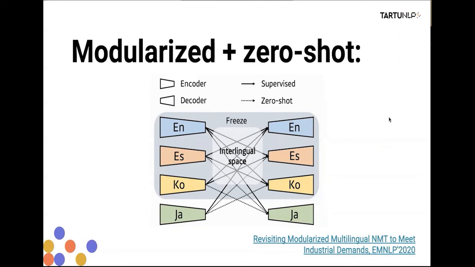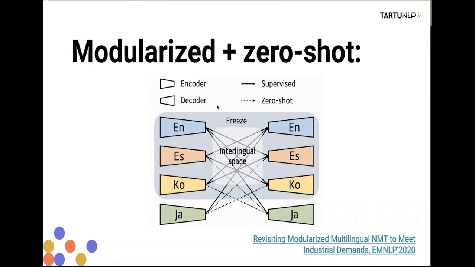You can freeze all of the parameters, so stop changing them, when the English, Spanish, Korean multilingual system is already trained. And then you can add Japanese to English data and English to Japanese data and train a Japanese encoder and a Japanese decoder in addition to the 3+3 we already have.